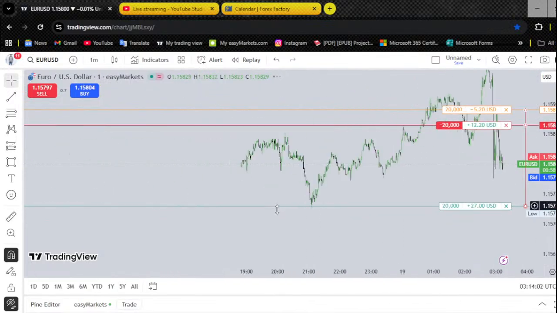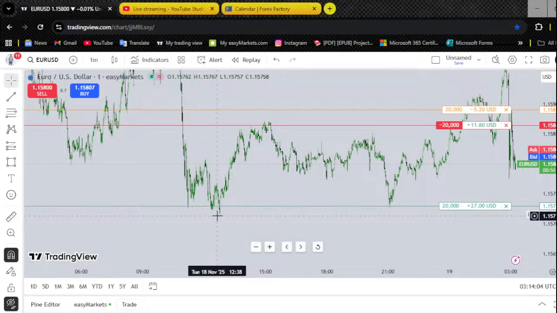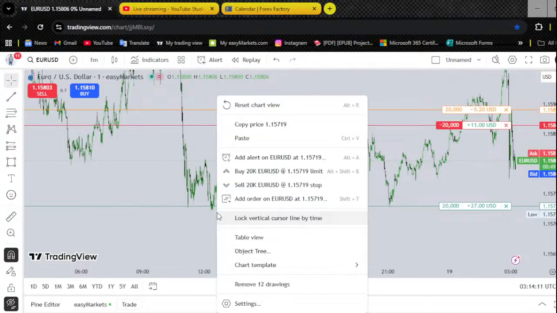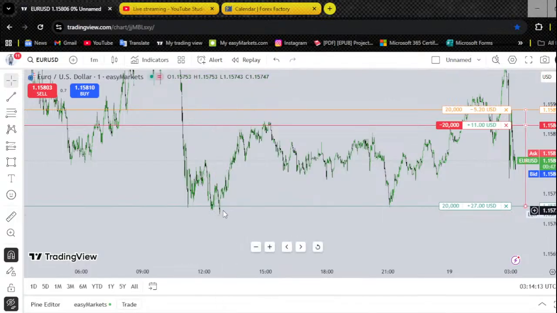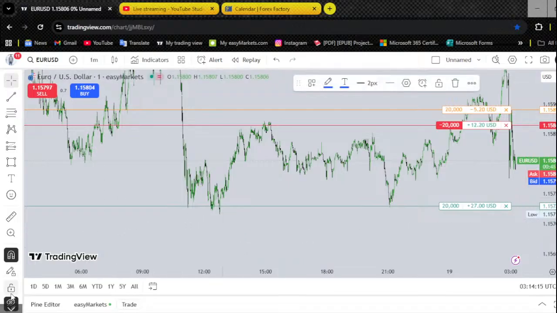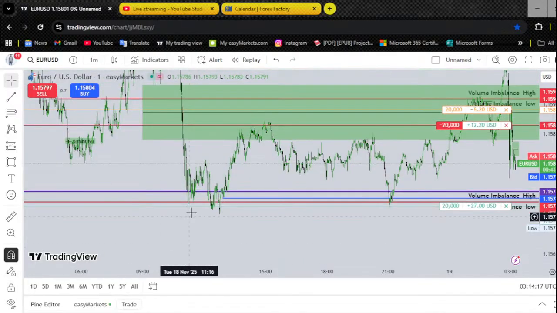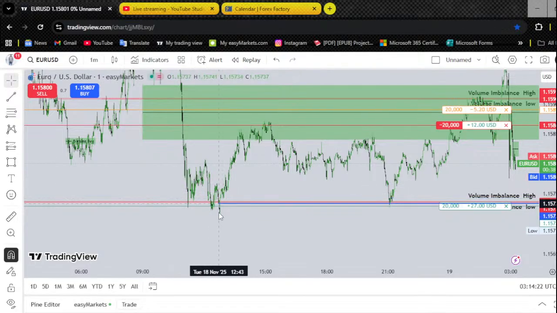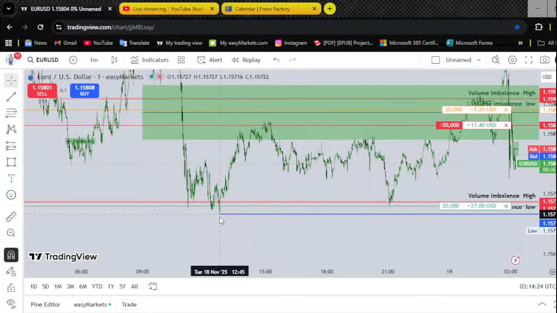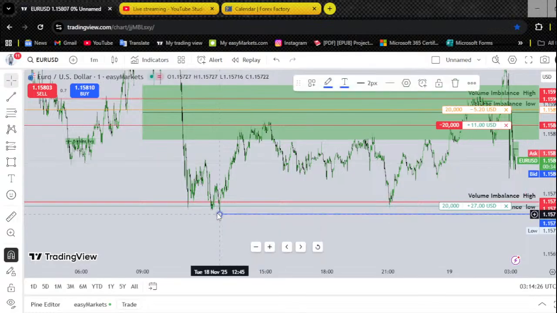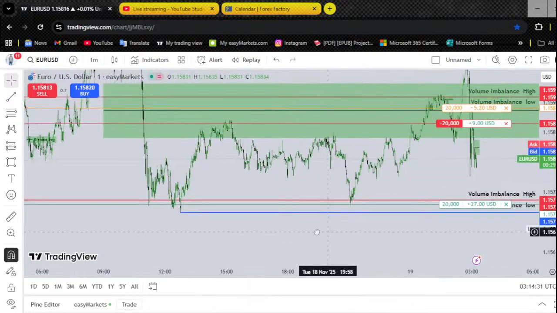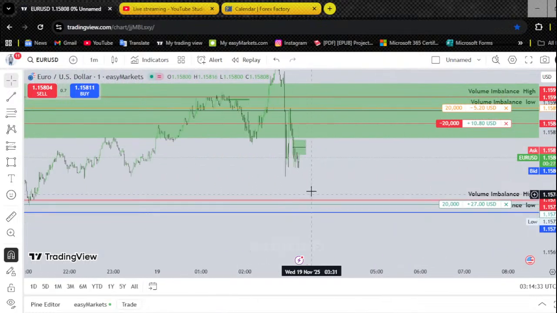So those are my targets. Now liquidity. That's my today's target.